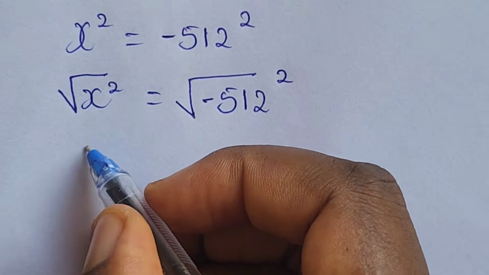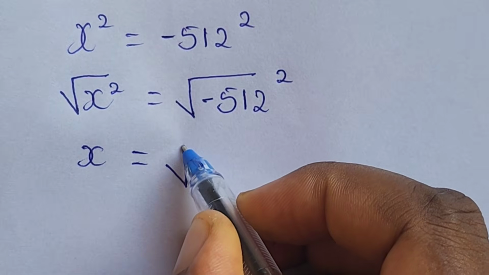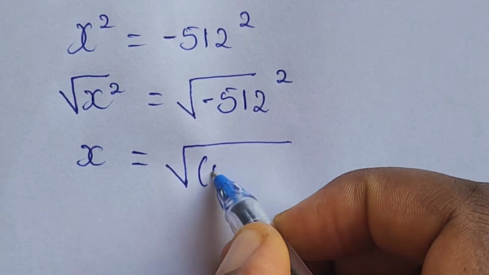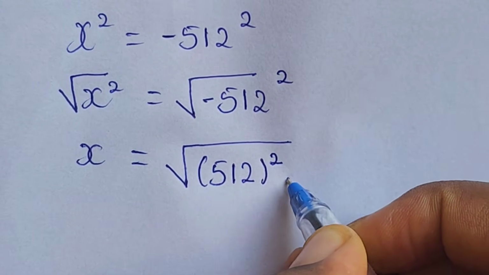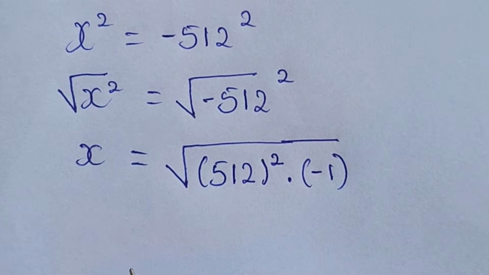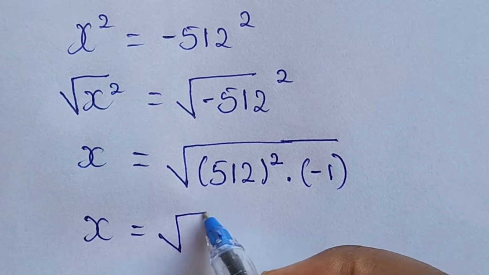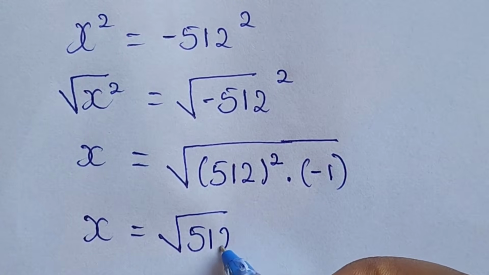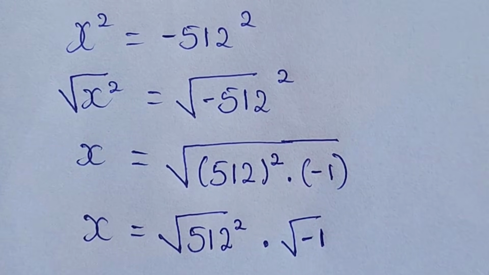So this cancel out this, we have x is equal to the square root of 512 to the power of 2 times minus 1. So we have x is equal to root 512 all squared times root minus 1.